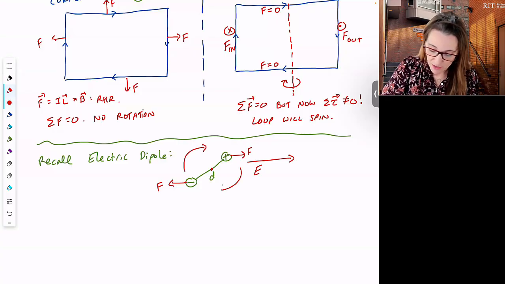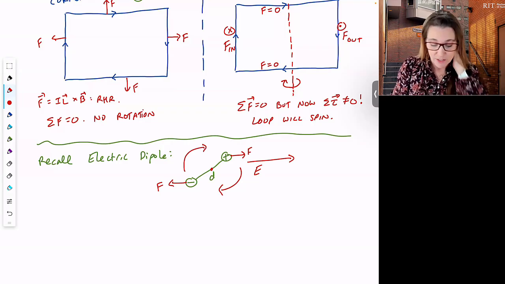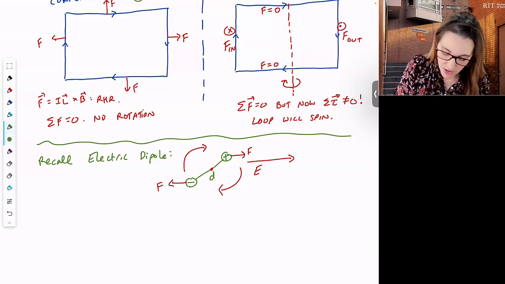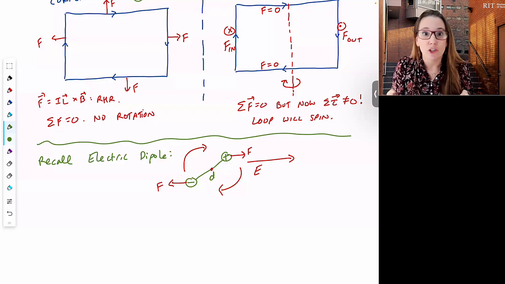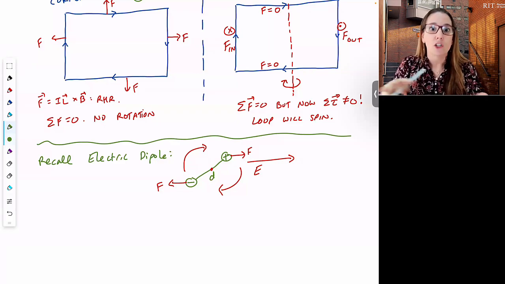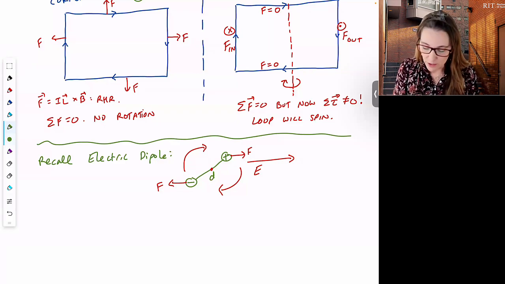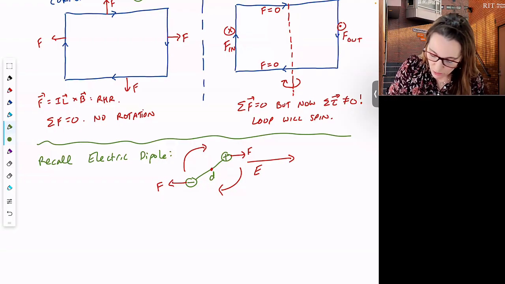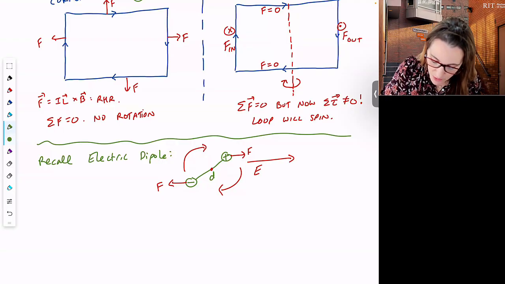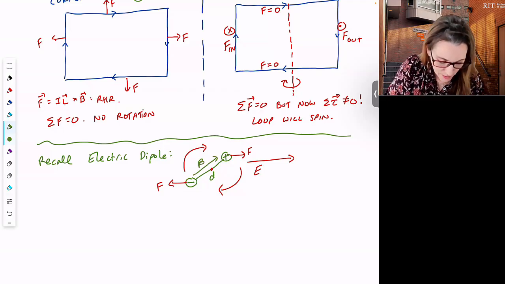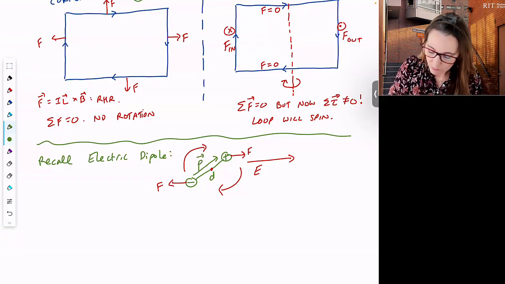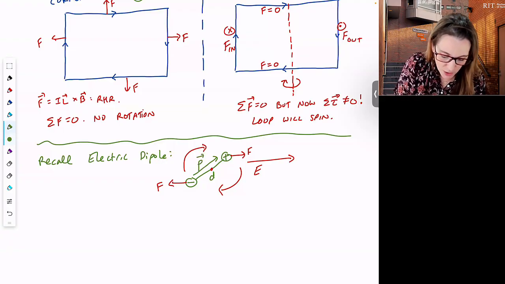So we had this rotation in that field. It was just a configuration of charges that created something that wanted to rotate. And if we define the dipole moment vector P, it wanted to rotate so that P lined up with E. This was what it wants.